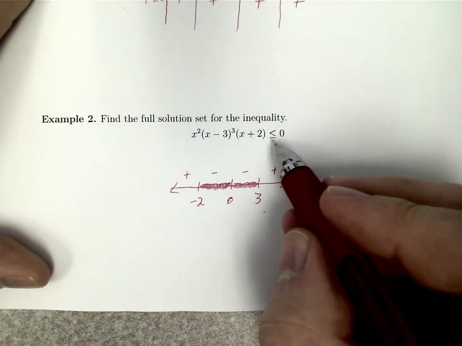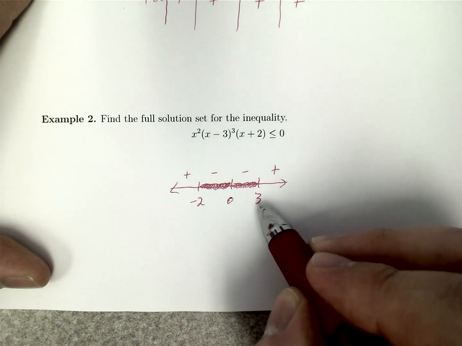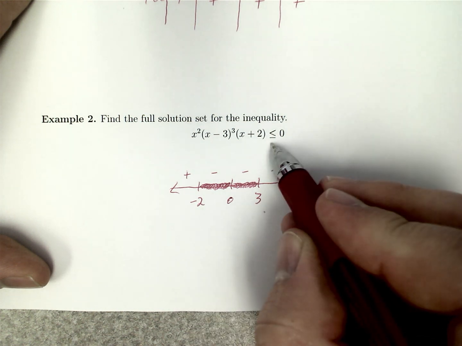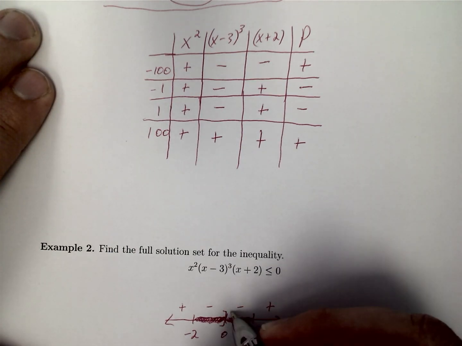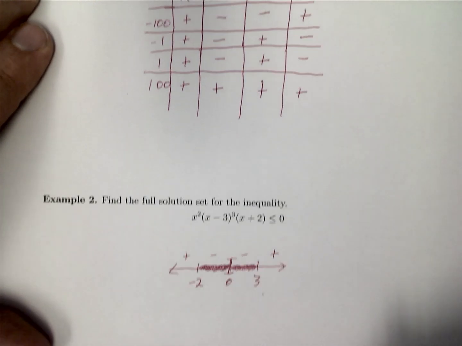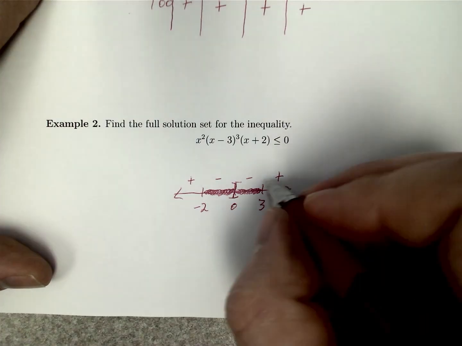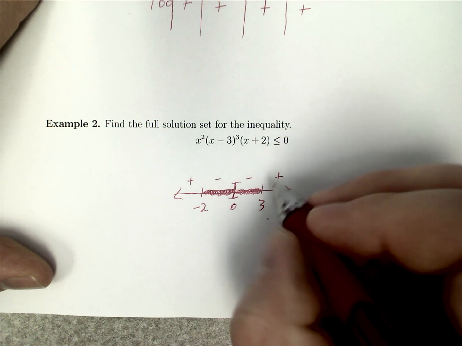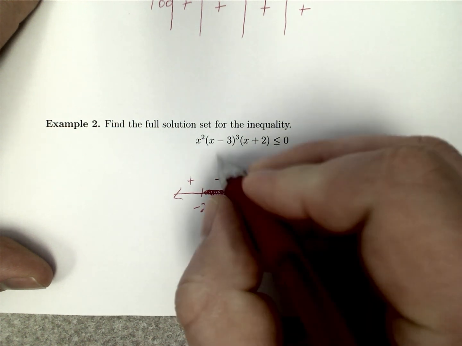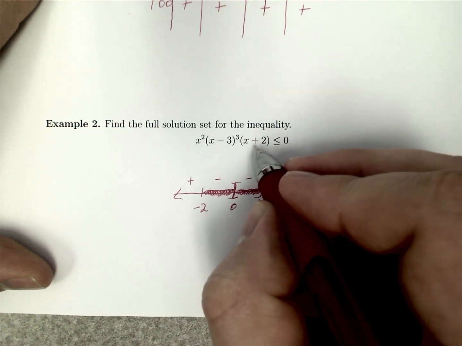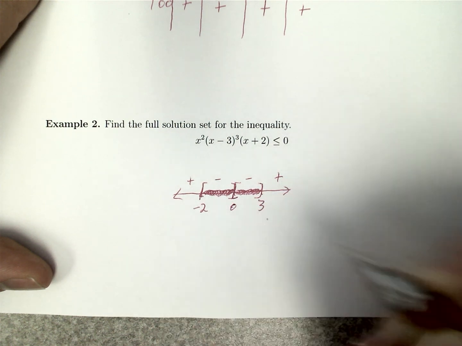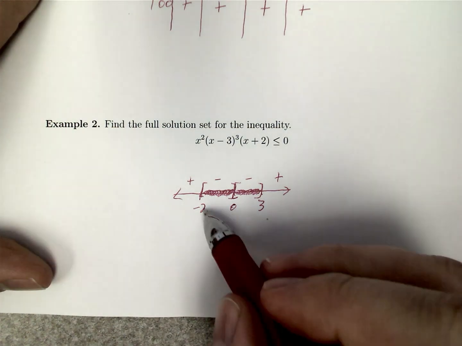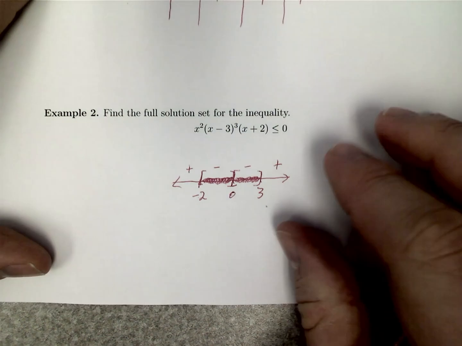The difference here is that we can have equal to 0. So that means that if we plugged in 0, it is itself included. And further, if we plug in 3, that's 0. And if we plug in -2, that's also 0. So these three numbers that were not part of the solution before, now are.